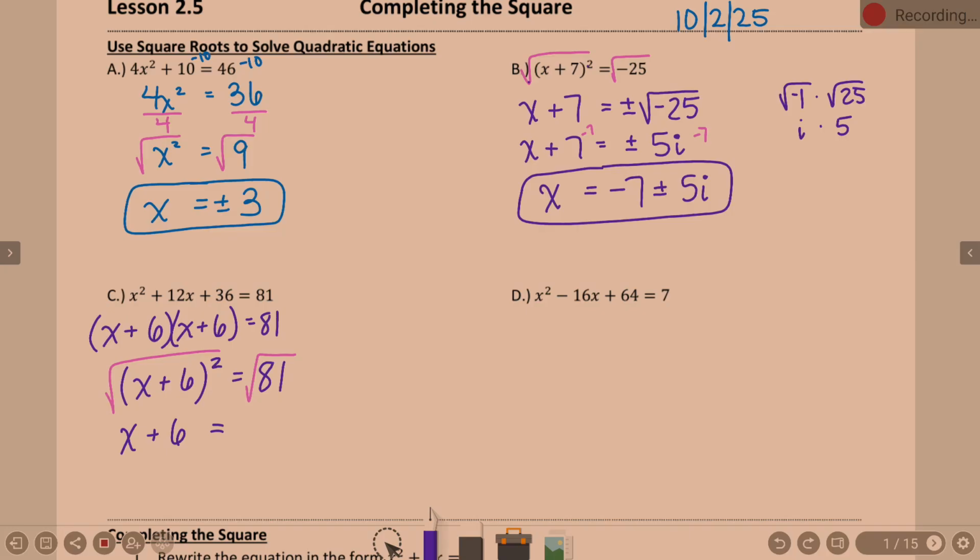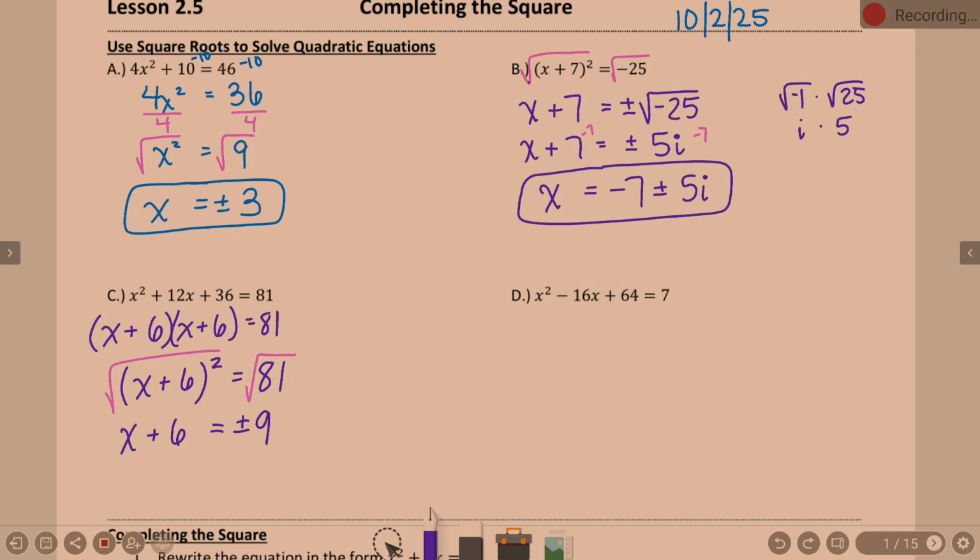What about that right side? We're taking the square root of 81. What are we going to get? Okay, square root of 81 is 9. We're in an equation setting, so I'm going to say plus or minus 9. Okay.